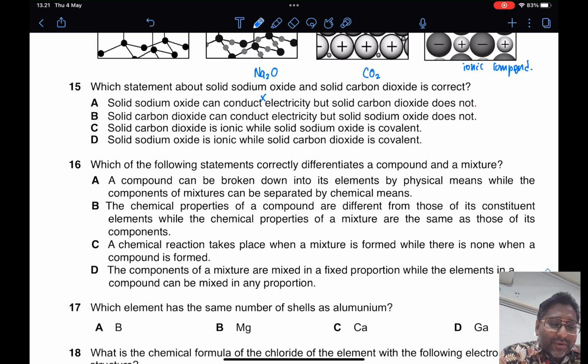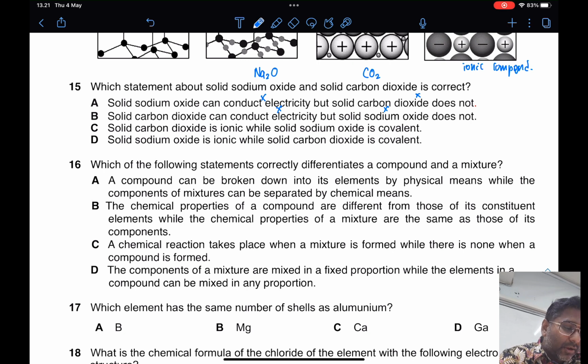Solid carbon dioxide, generally carbon dioxide is a covalent compound. They are non-metal and non-metal, so covalent compound. Covalent compounds do not conduct electricity in any state. So this is also wrong. Solid carbon dioxide can conduct electricity, again no, wrong.